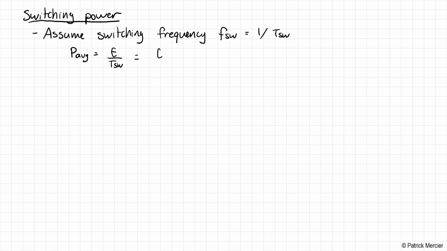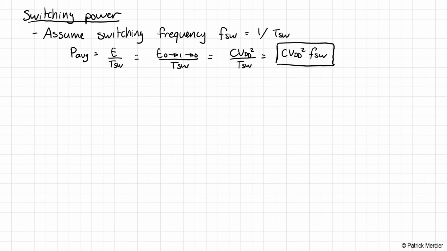We assume that we charge from 0 to 1 and then back down to 0 in that one cycle, TSW. So this is equal to C VDD squared over TSW, or C VDD squared times the switching frequency. This is the basic definition of switching power in a digital circuit.